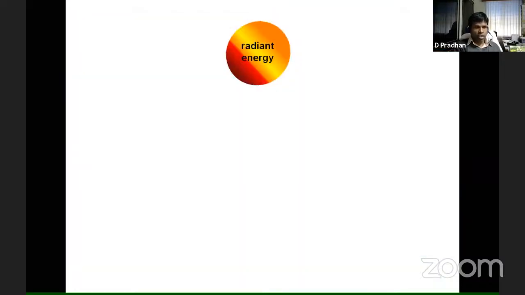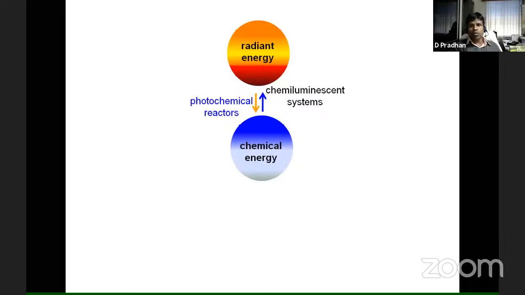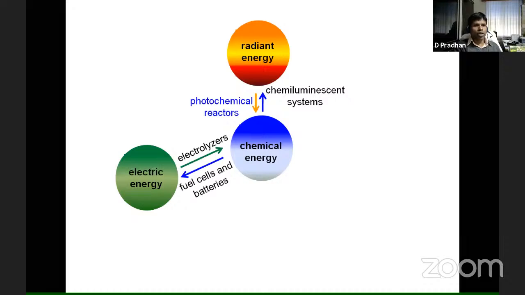In that sense, solar energy is one of the most abundantly available renewable sources, which can be converted to chemical energy using photochemical reactors. You can use that chemical energy, such as hydrogen, in fuel cell batteries to get electrical energy.